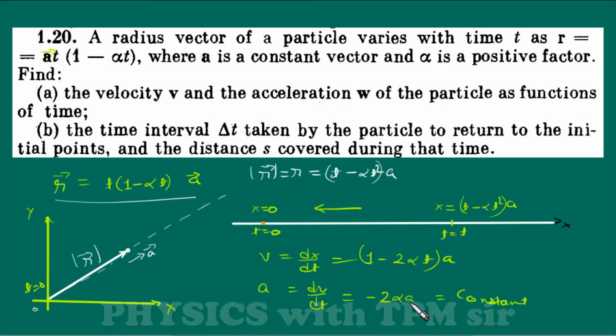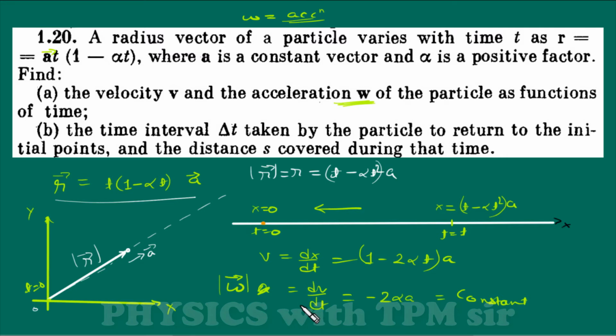Let's say acceleration as omega, and let me tell you, omega here is acceleration. Actually, in the book Irodov, they represent acceleration with omega or w. So whatever you want to say, I'm calling it omega.